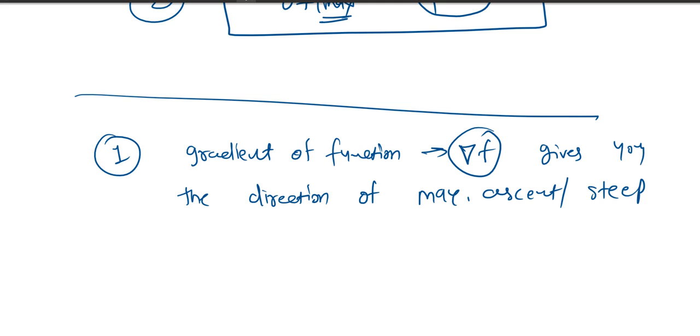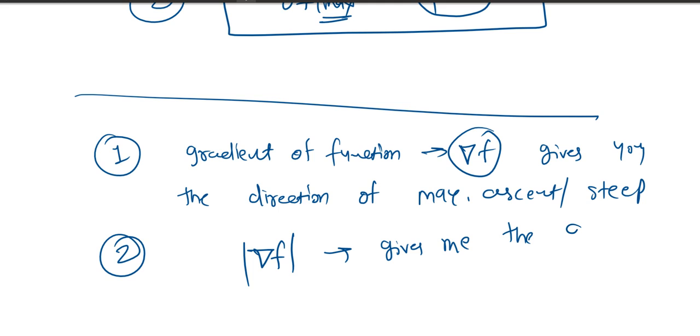So if I go in the direction of delta f, then I will be finding the maximum change in the function value. Second thing, the magnitude of this gradient gives me the amount of maximum slope.